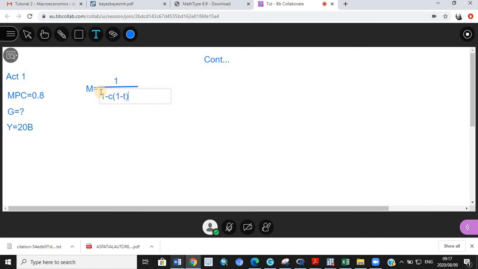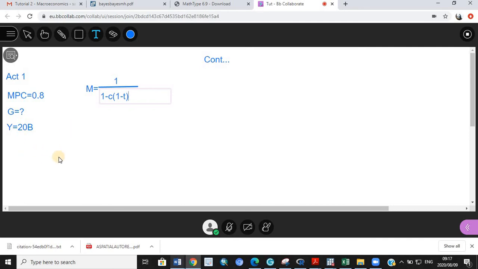Then you ask yourself, but why minus t? That's easy. In our intuition, we know that in the government spending multiplier we have tax, but the tax in this case has this structure.